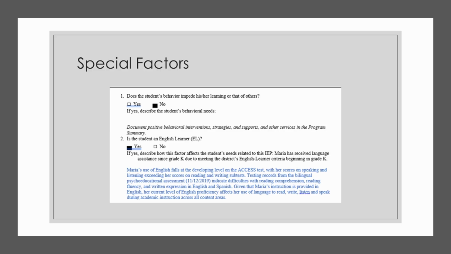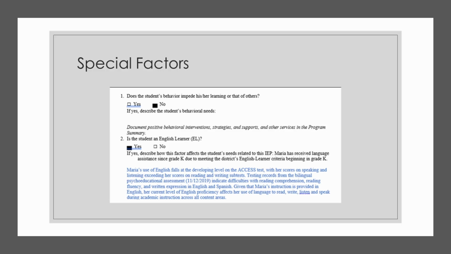Consider those behavioral needs when determining the effects of the disability, the student's disability-related needs, and when developing IEP goals. Positive behavioral interventions, strategies, or supports must be included as specially designed instruction, related services, supplementary aids and services, and/or program modifications and supports in the program summary.